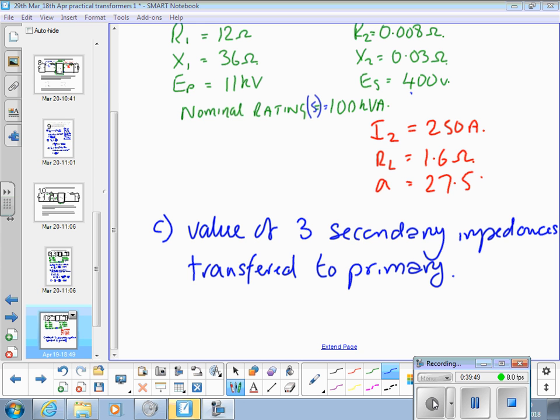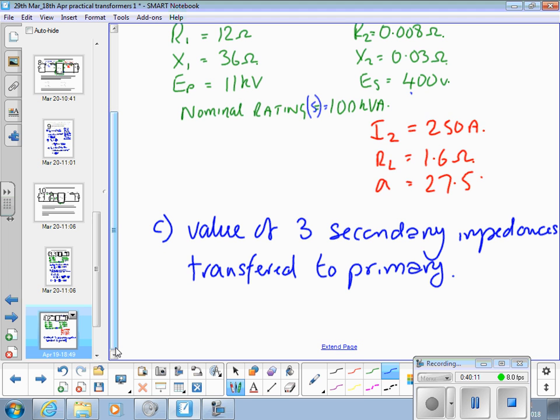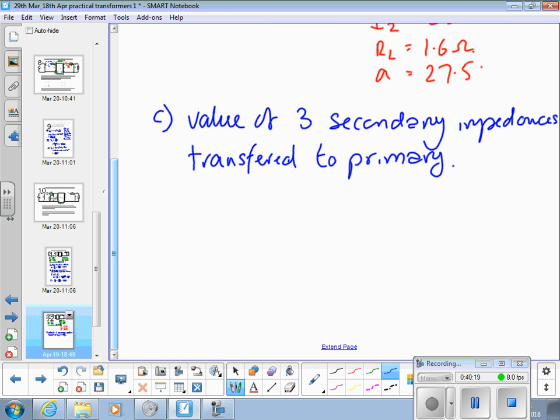So we're going to analyze this. We've got that one, and that one, into the primary side. Okay. So we'll start with RL. We're going to find what we like to call RL dash.